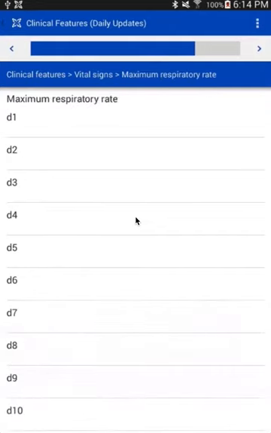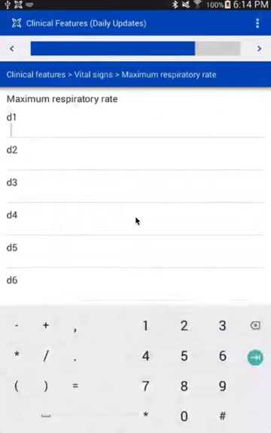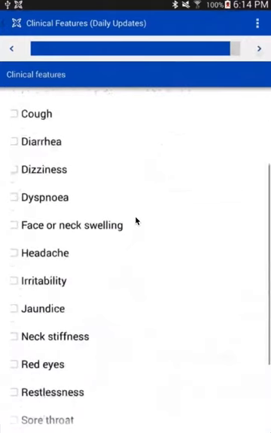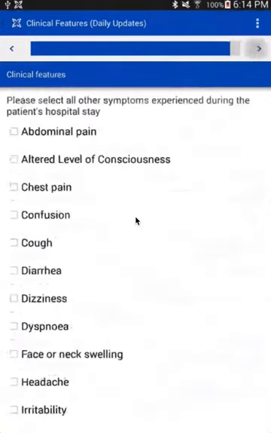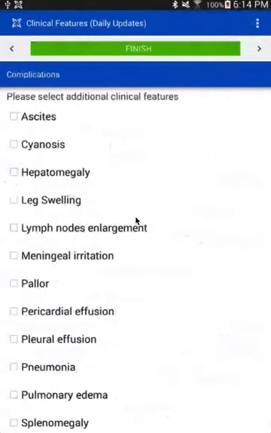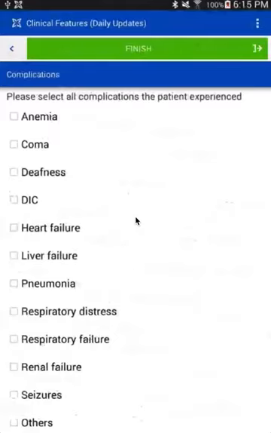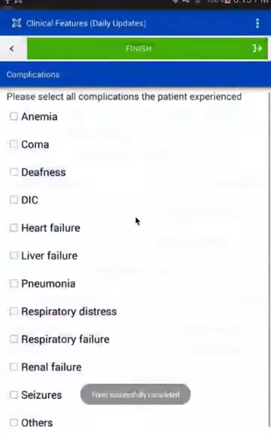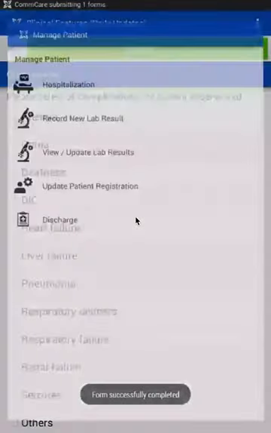Maximum respiratory rate, 25, 26, 24. And there are no clinical features to report, and no additional clinical features, and no complications. So we are done entering this.